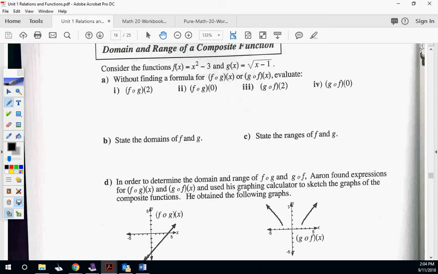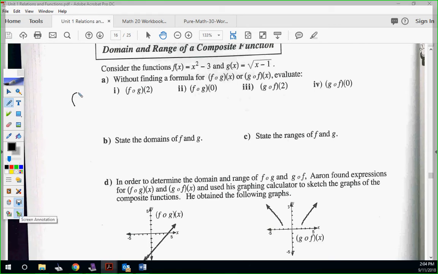So what I did on these ones is I went ahead and just said, well, what is f of, this is what they mean, f of g of 2. So what's g of 2? 2 minus 1 is, right here, 2 minus 1, 1, square root 1, 1.